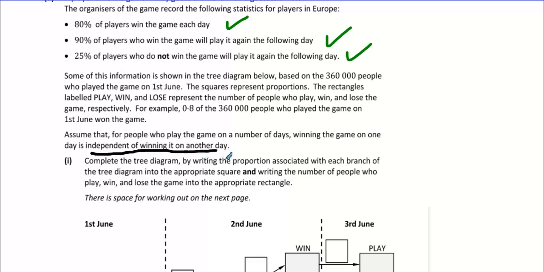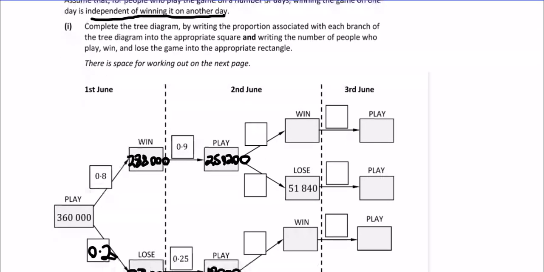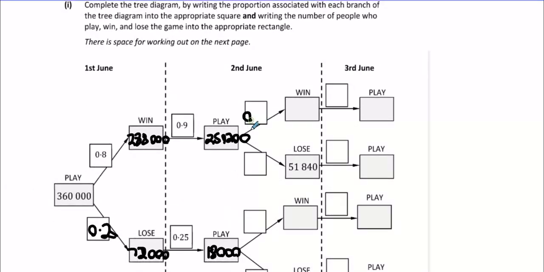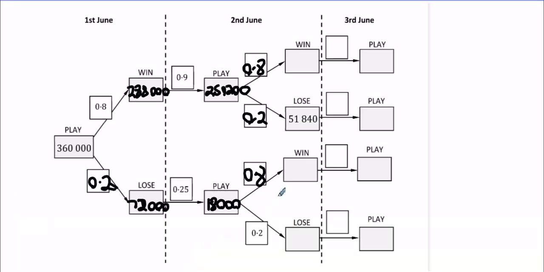Independent. So winning one day does not affect your ability to win the next day. So it's actually still 0.8 and 0.2. So that's still 0.8, that's still 0.2, that's still 0.8, and that is still 0.2. They actually gave us a hint there.